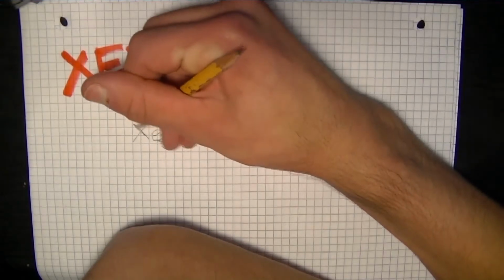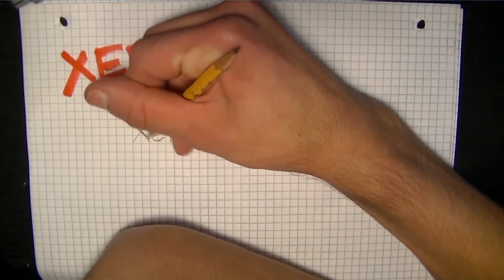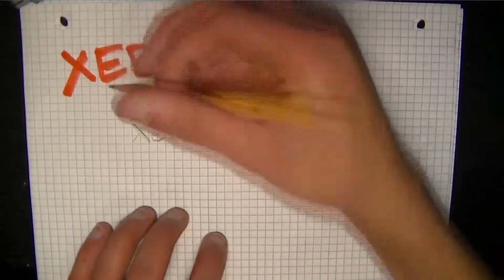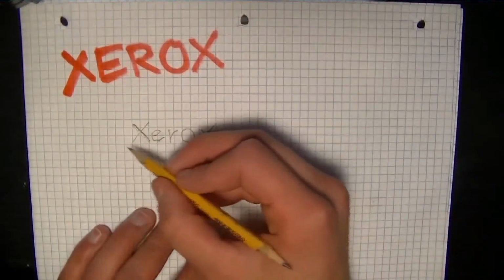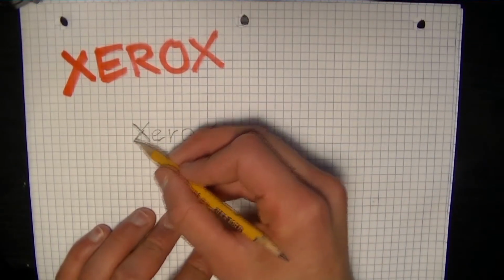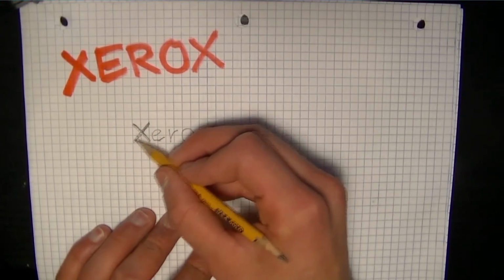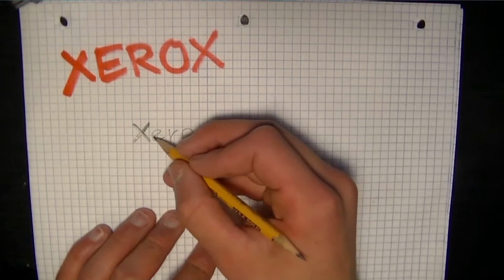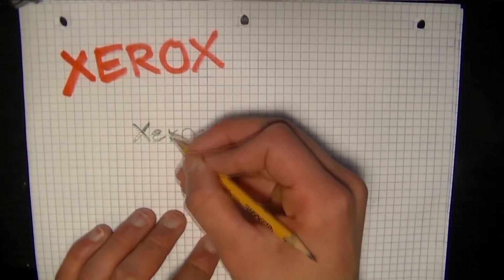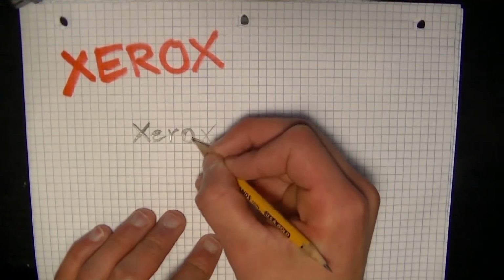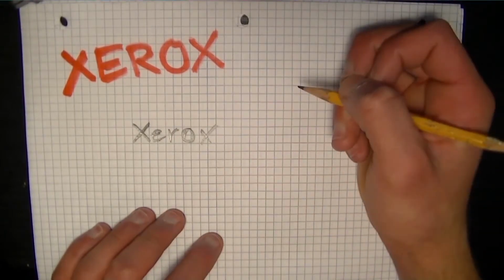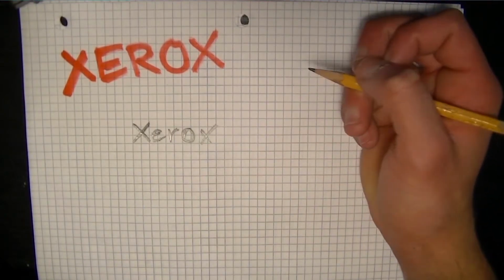And just for some fun, we can go shading. Just follow the lines you made with the pencil. Stay with the lines, and as you see the line just goes more and more sideways so you get thicker. You can do this with all the letters if you want. Like that.